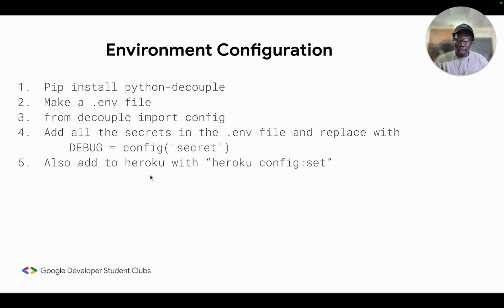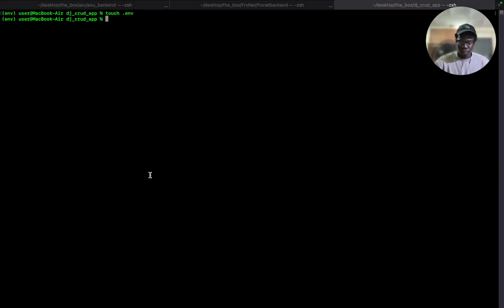If we can go back, also add to Heroku with heroku config:set. So now we want to add our secret key and our debug value to Heroku. So Heroku config then set.